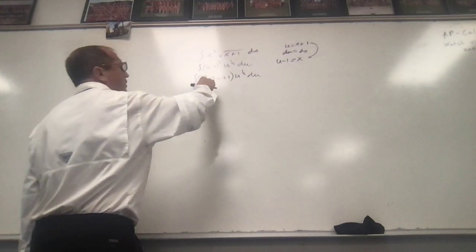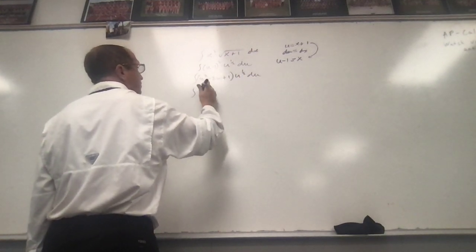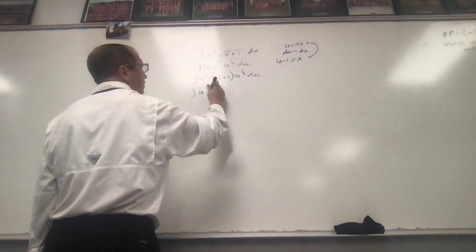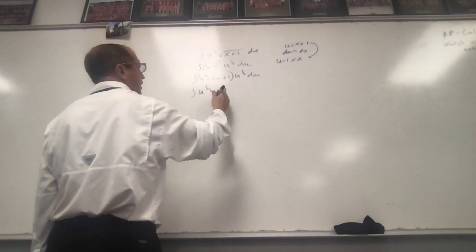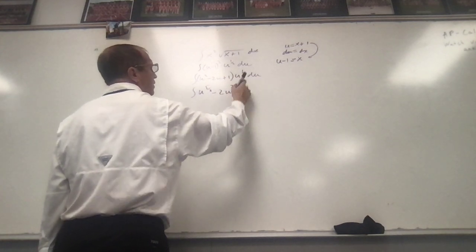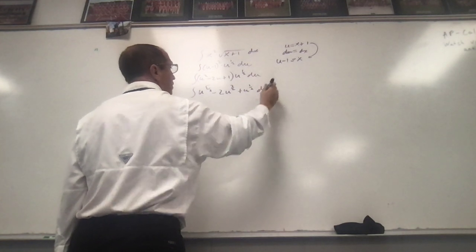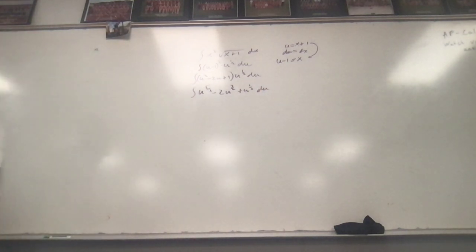All right, u squared times u to the 1/2 would be u to the 5/2. 2u times u to the 1/2 would be u to the 3/2. And then plus u to the 1/2 du. We still good?